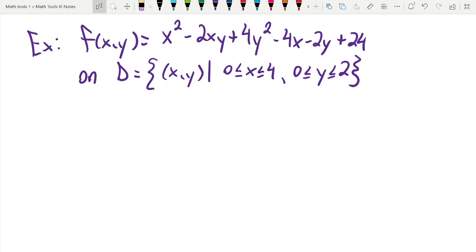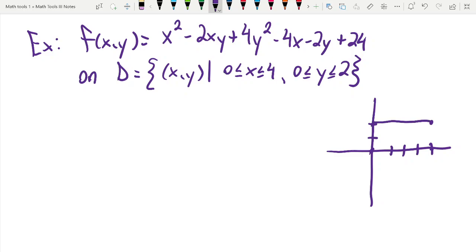Again, I don't think it's essential, but I do think it's helpful to draw the region that we're looking at first, just a quick sketch. I just think a picture always helps. So it's going to look like this rectangle right here.